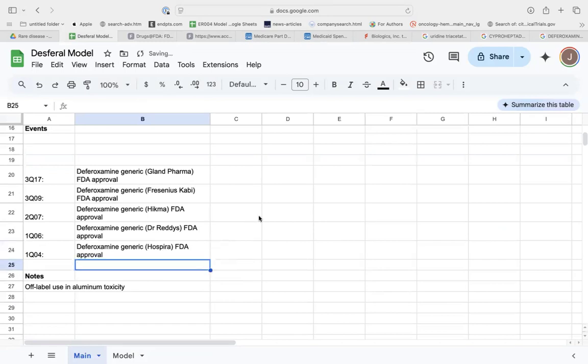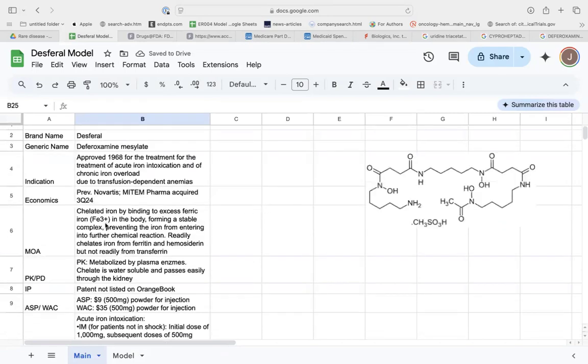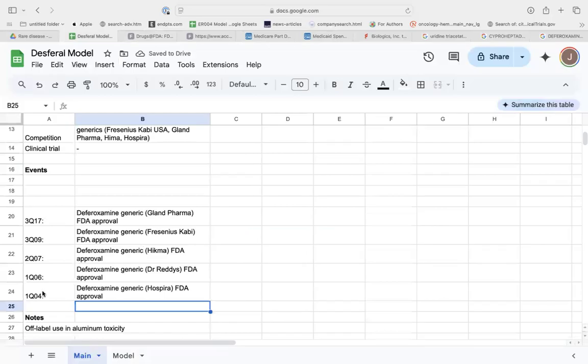Considering this drug was actually approved in 1968, I'm a little surprised generics didn't come out until '04. But some of it might have been due to generic equivalence and testing laws that didn't come out until the late '90s, I want to say. Before those laws, it was much harder to develop a generic. So you want generic laws.